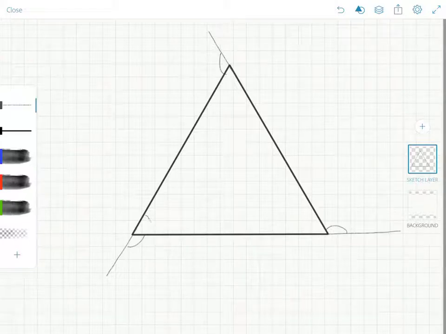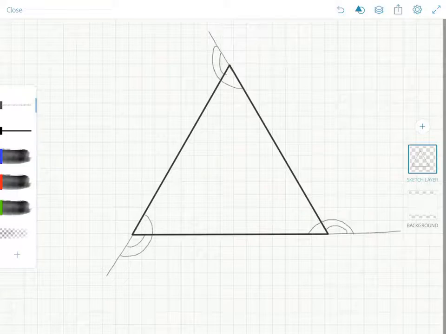We know for sure that any line will always add up to 180 degrees. The angle measure of a straight line is 180 degrees. And I also know that the three angles on the inside of the triangle will add to 180 degrees.